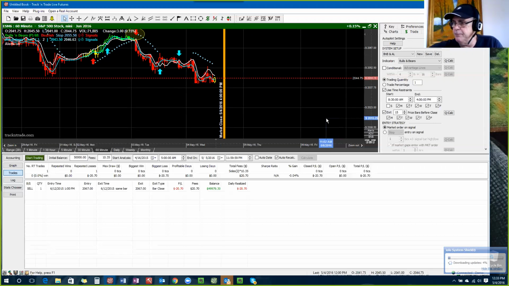And then Bill and I would go in and we'd say, okay, well, let's use some different indicators and change some things up here at the top. Let's use bulls and bears and conditional, and then we can use advantage lines first over bulls and bears, or we can do this, we can do that. And we found absolutely the very best things.